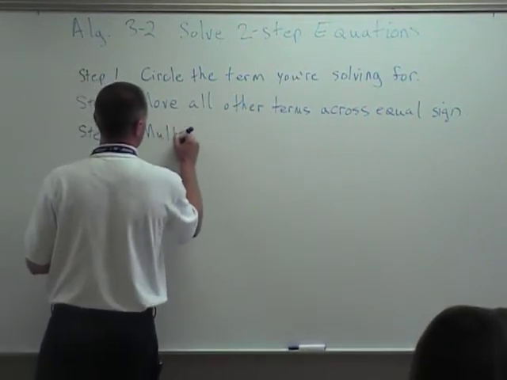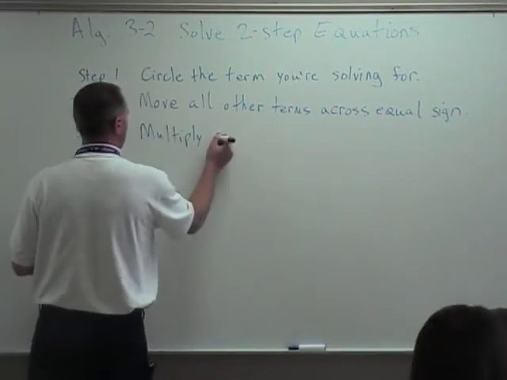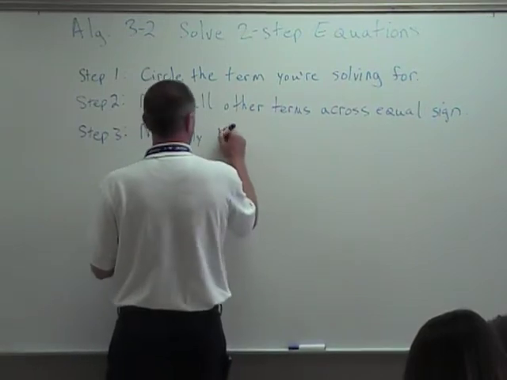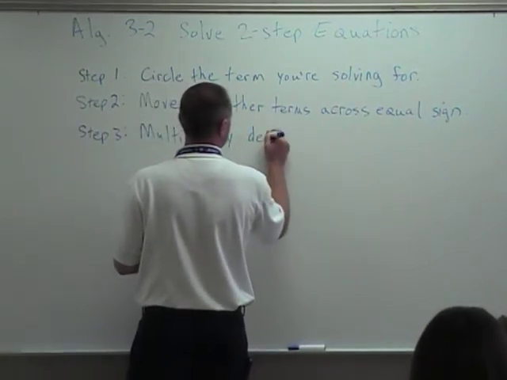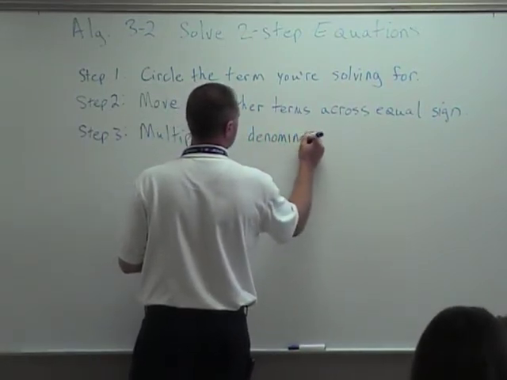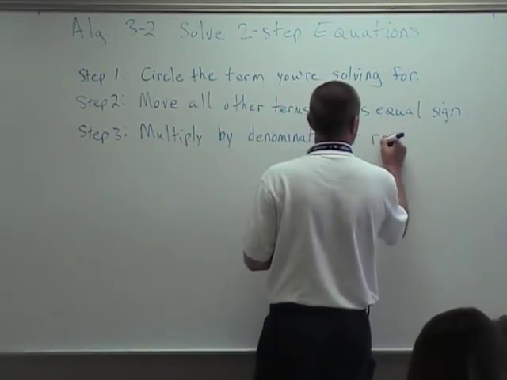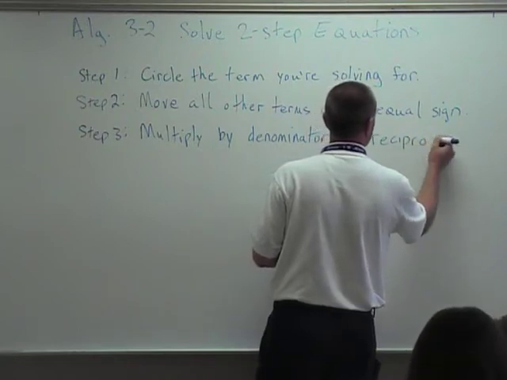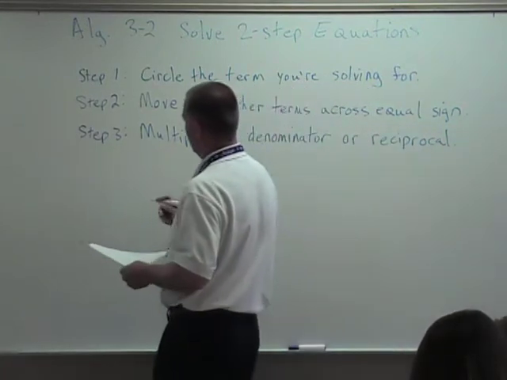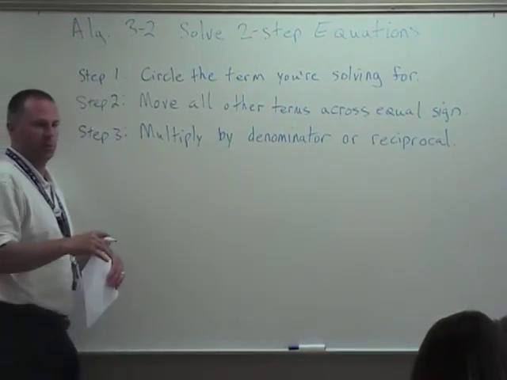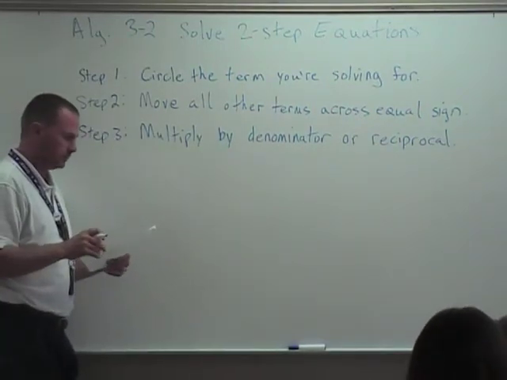Multiply or divide. Well, let's do this. Multiply by the denominator or the reciprocal. So we're multiplying by the denominator or multiplying by the reciprocal if it's a full fraction that's listed.